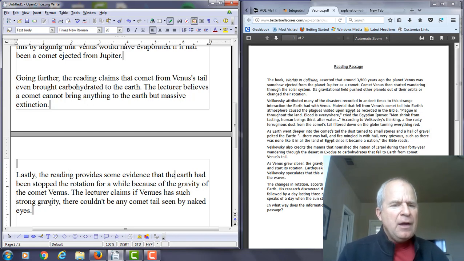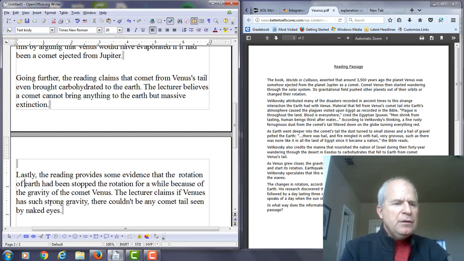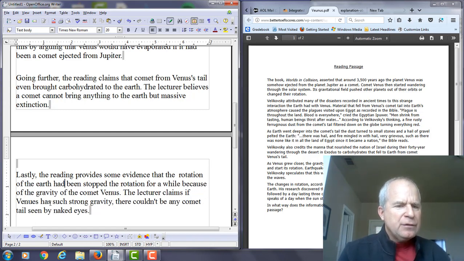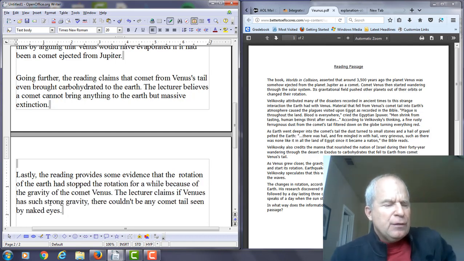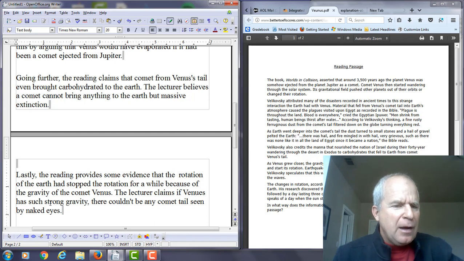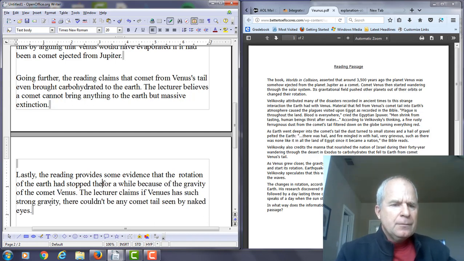I'm going to change this that the rotation of the Earth had stopped. No passive here. So the rotation of the Earth had stopped for a while because of the gravity of the comet Venus.